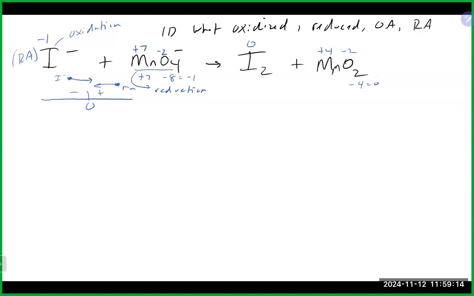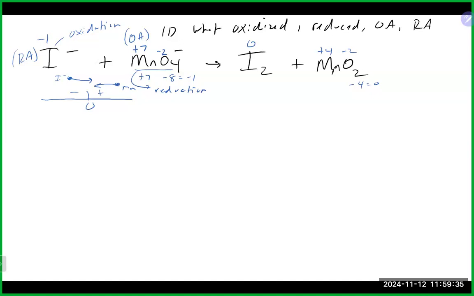The Mn here, in the MnO4⁻, is going through reduction, which means this is the oxidizing agent. And it's going to accept those electrons that are going to be lost by the I and can cause the I to be oxidized, which is why it's the oxidizing agent. Any questions on that there?